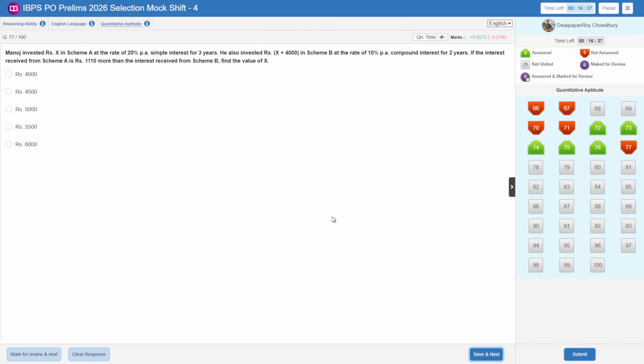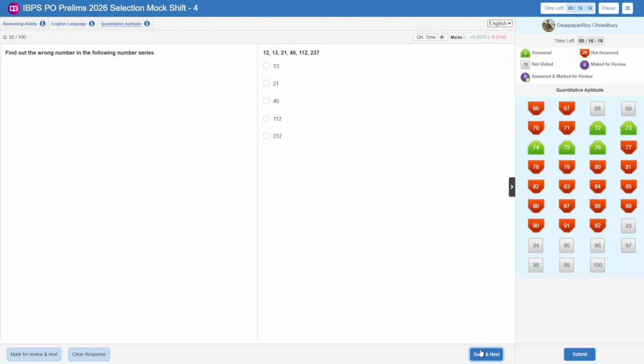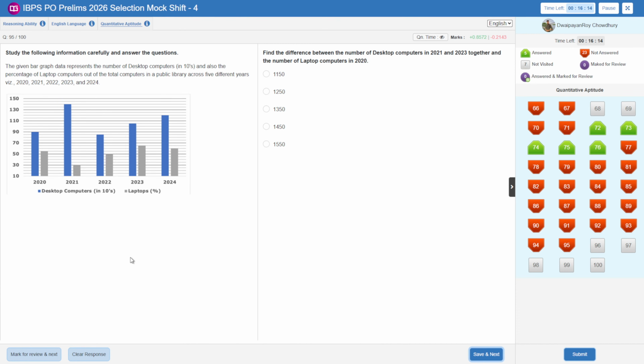Okay, invested in scheme. Okay, let me see some of the DIs. This looks to be doable, but the number is not very kind. Not now. Okay, let's do it first.